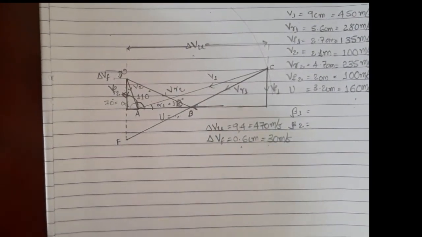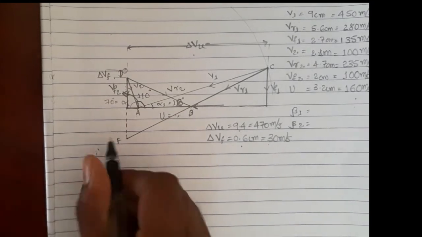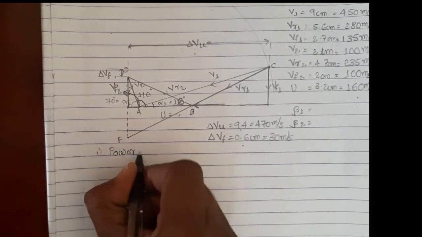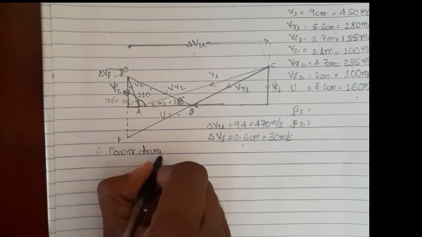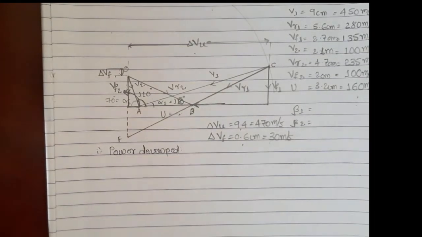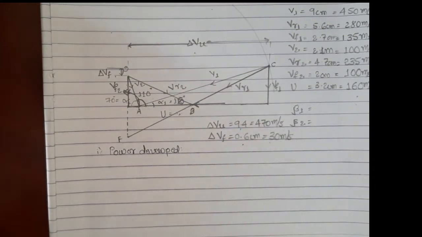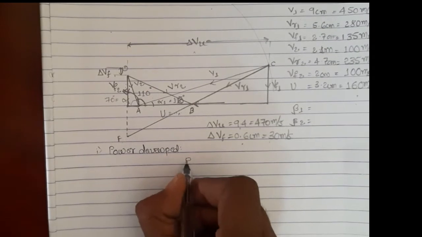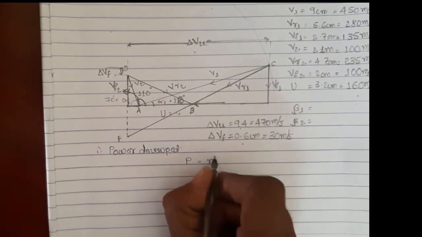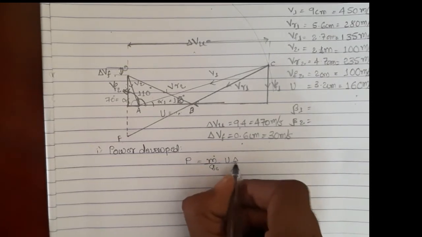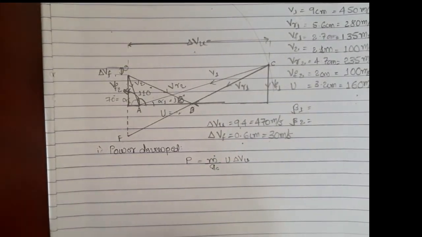The first thing they are asking is the power developed. Here power developed P is equal to, we already know this, M by Gc into U into delta VU, which is the work done.